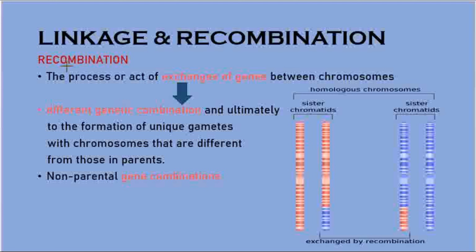So what is recombination or crossing over? Recombination is the process or act of exchange of genes. The genes are exchanged between the chromosomes. We are talking about chromosomes in genetics, and in this case also chromosomes play a major role, because they contain the main genetic elements, the genes for the inheritance of the traits or characters.